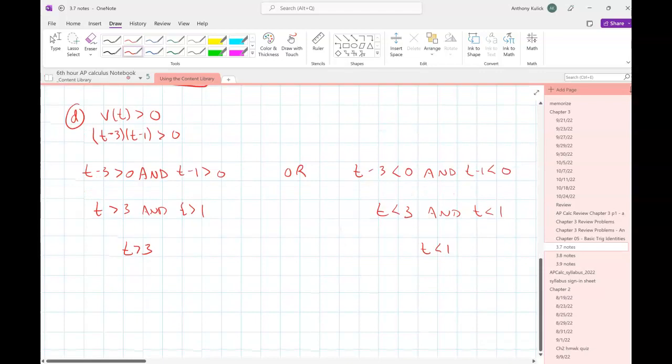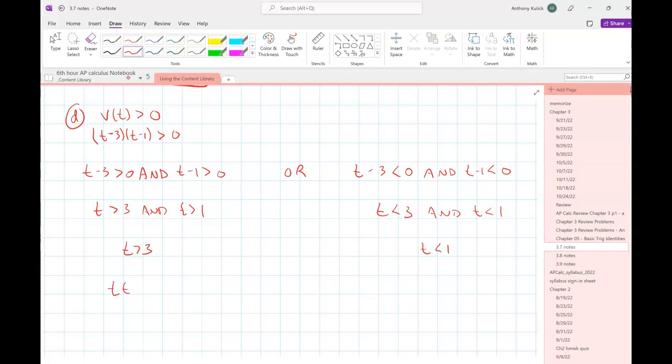Okay, so if I were to write this as an interval, I would say from 3 to positive infinity, we're moving forward. But over here, I wouldn't say from negative infinity to 1. Why not? What is t representing? Time.